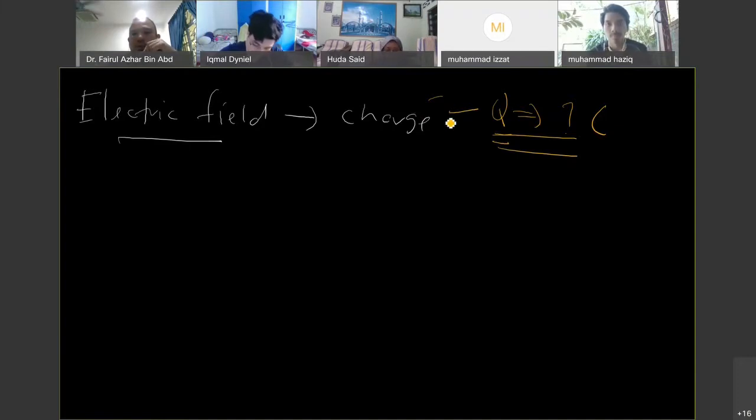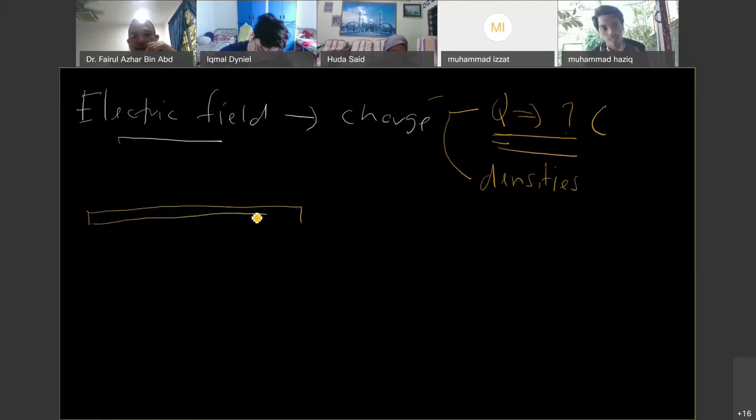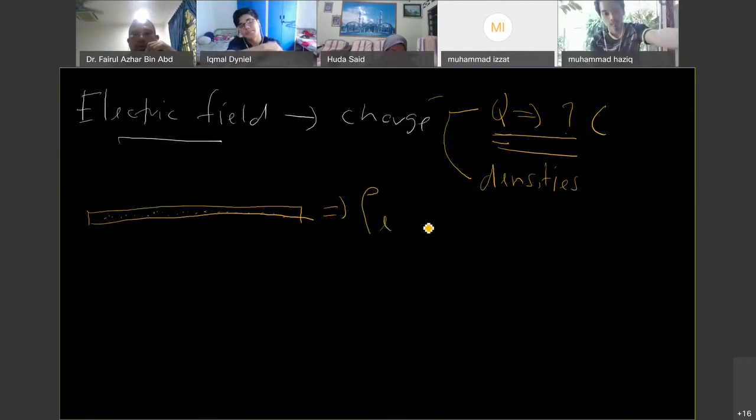The charge also can be represented by using a density value. Instead of having a single particle charge, we can distribute the charge along, for example, one single line of charge. So we have one tiny line, and the charge is distributed well inside this line. In this case, we represent the value of charge in terms of rho L, and the unit is coulomb per meter.